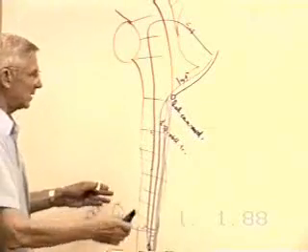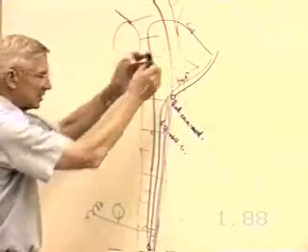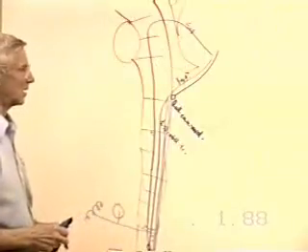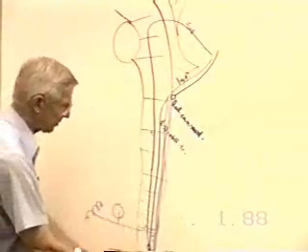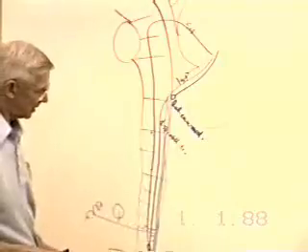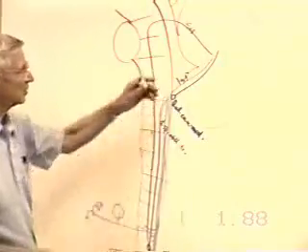We have the double representation for arm spindles and the single representation of leg spindles coming into the cerebellum.